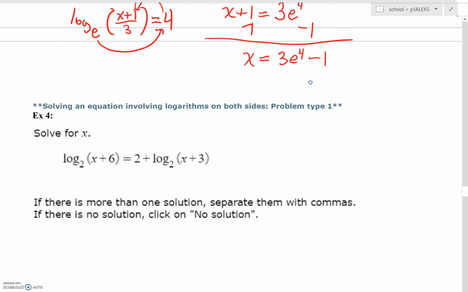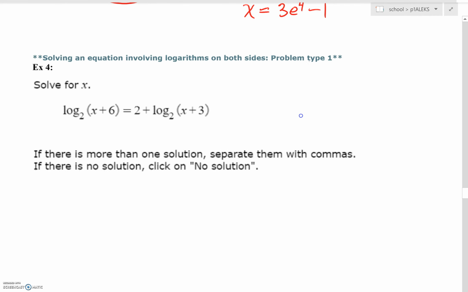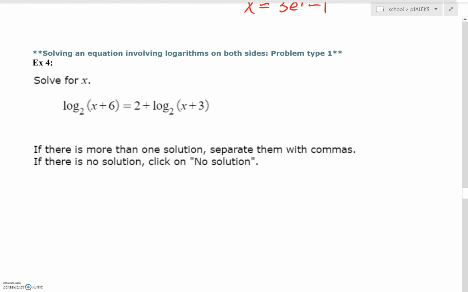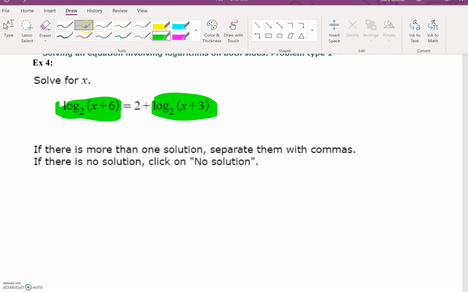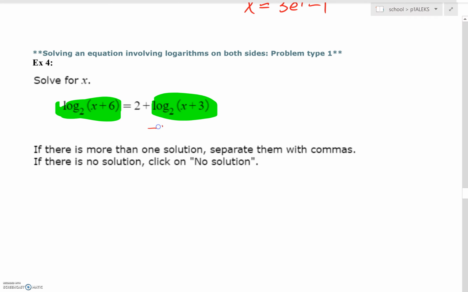So let's take a look at example 4 here on the back. And maybe the world of difference that you're going to see is that you actually have multiple logs. You've got a log base 2 of x plus 6. You've got a log base 2 of x plus 3. Guys, your goal is to get your logs together alone on one side.